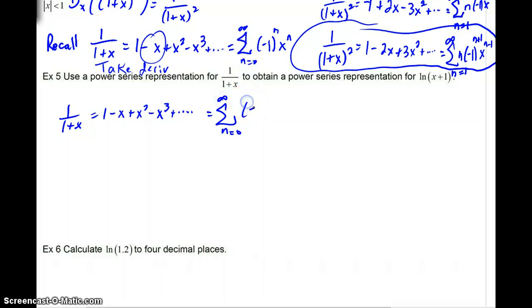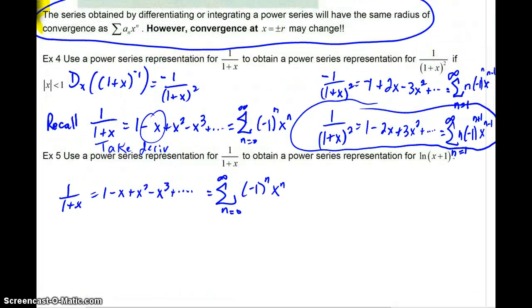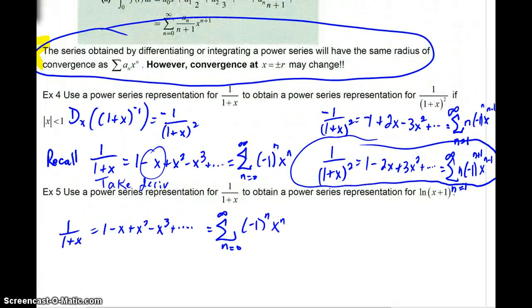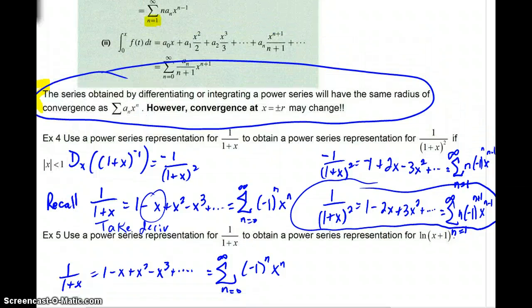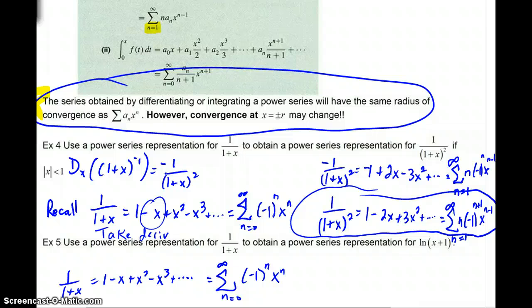Sigma can be very helpful. I don't want us to be afraid of it. It's a very useful formula. If you integrate both sides, you're going to wind up with the natural log.